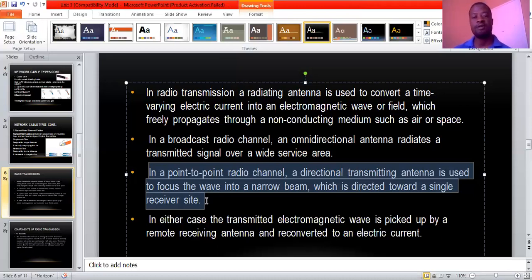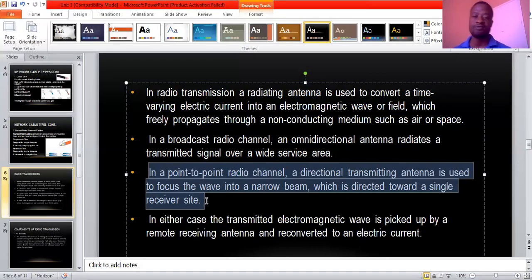First the signal is transmitted or broadcast. The signals radiate from the source, and then they travel to the receiver.